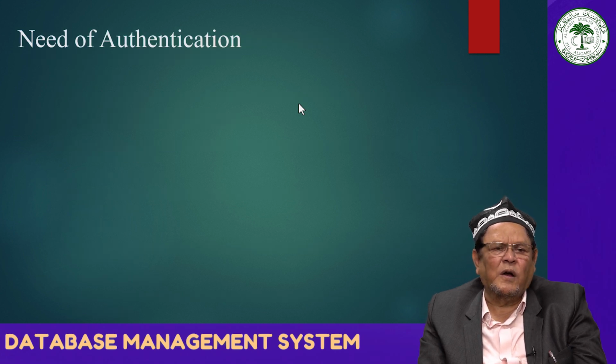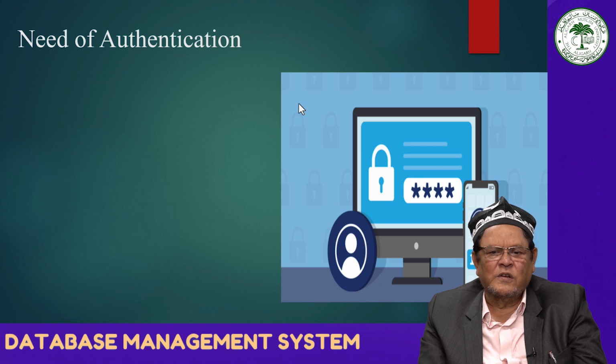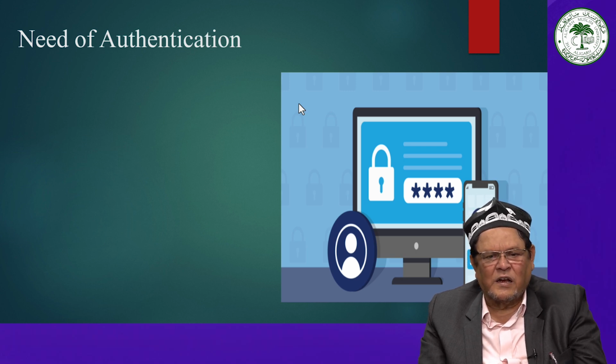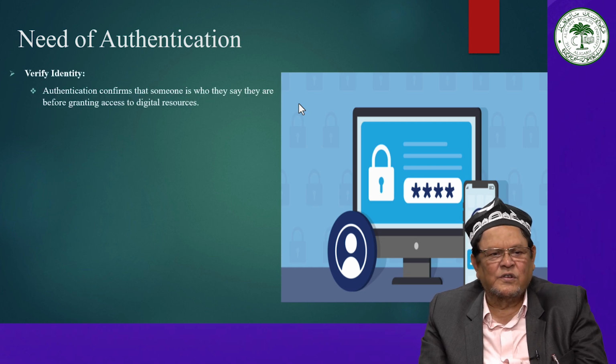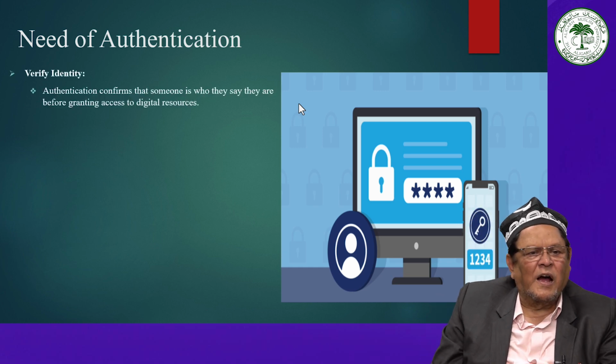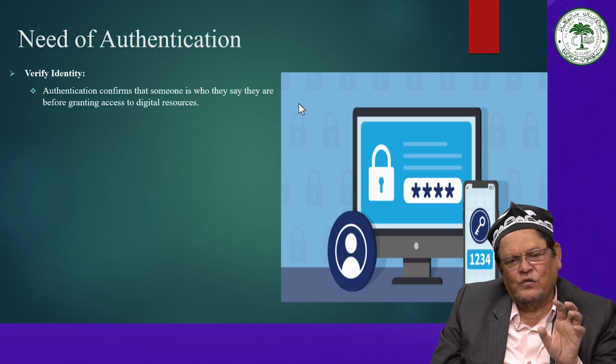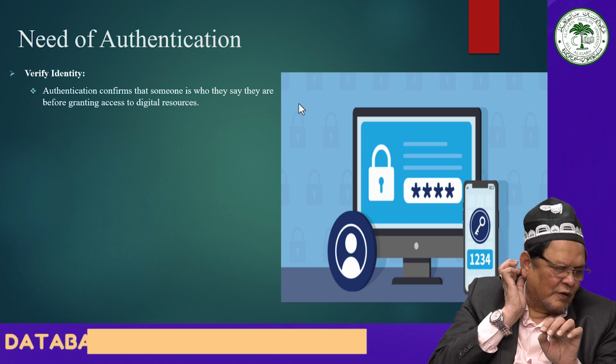And then we come to the next point, the need of authentication. Here, by seeing the diagram, you are able to understand the password and then the keys, values. So verify identity: authentication confirms that someone is who they say they are before gaining access to digital resources. If someone wants to use our digital data, authentication confirms that for us.